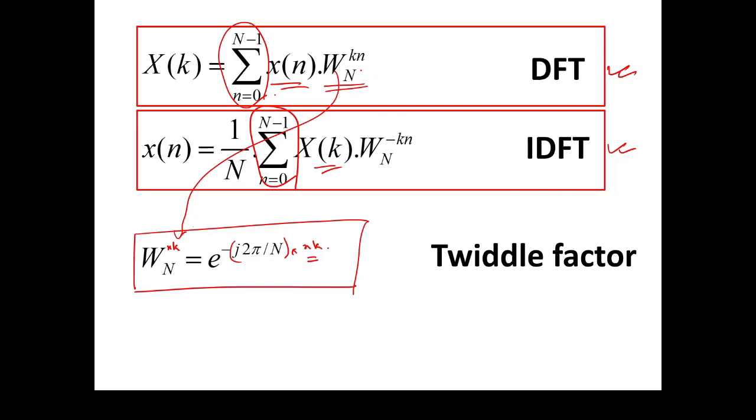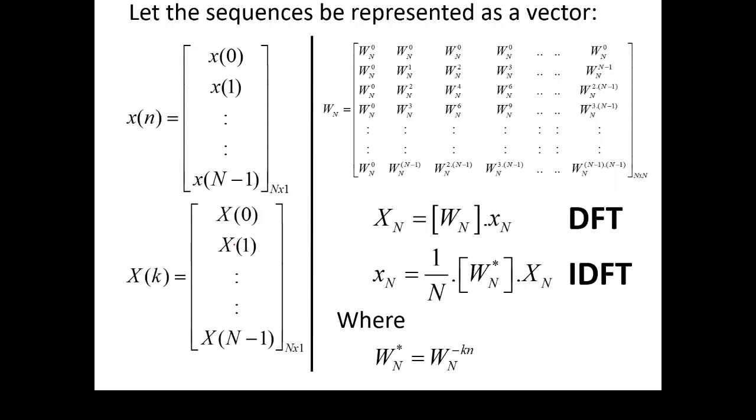Now, if you see these two factors, in DFT it is the normal twiddle factor, in IDFT it is the conjugate of the twiddle factor because of this minus sign. And there is another minus sign over here. Now, how do we calculate the twiddle factor for any given N? So you have n and k, with 0, 1, 2, 3, and so on, and then 0, 1, 2, 3, and so on.